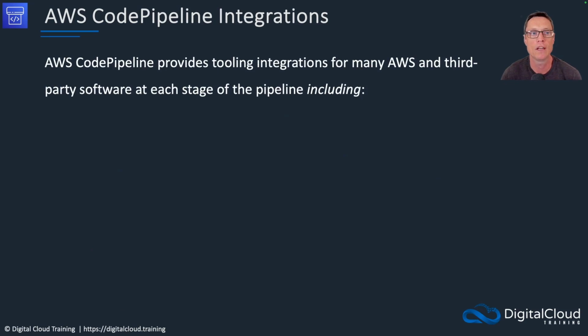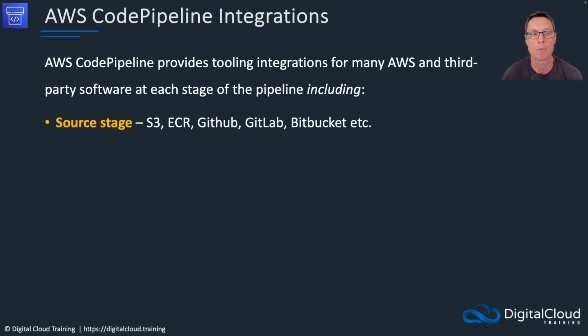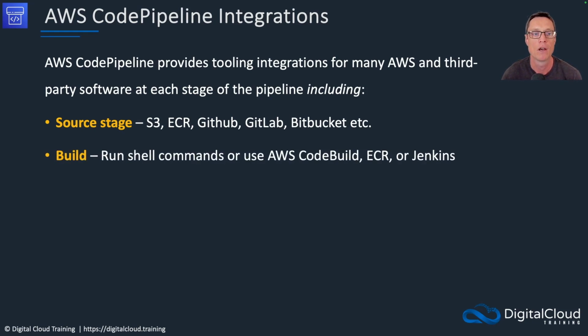So what are the possible integrations? There's lots of different AWS and third-party integrations for the various different stages in a pipeline. For instance, for the source stage, we can have our code in S3, in ECR, in GitHub, in GitLab, in Bitbucket, and more. For the build stage, we can actually run shell commands, or we can use CodeBuild, ECR, or Jenkins.